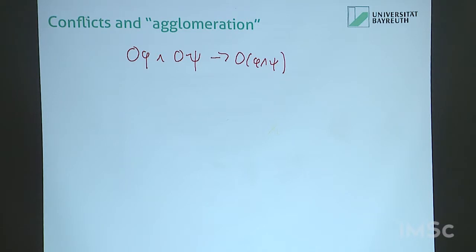If you have a logic which is conflict tolerant, that is where it's possible to have O phi and O not phi, and you have this unrestricted agglomeration or closure principle, then you will conclude that you ought to do the contradiction, and this is impossible, right? So if you have a logic which is conflict tolerant, you should give up that. And the conflict account that I just sketched is actually conflict tolerant in this sense, right?